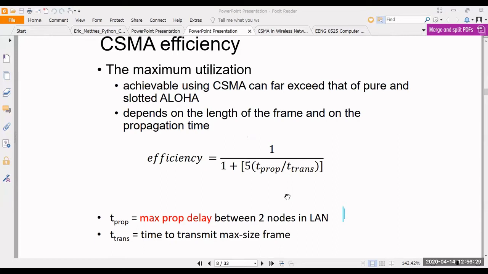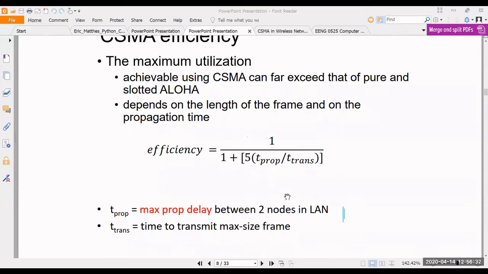So in this case, either we have our propagation time be 0, or we have our frame transmission time be very large. So in order to make efficiency very high, we rely on 2 parameters, right?